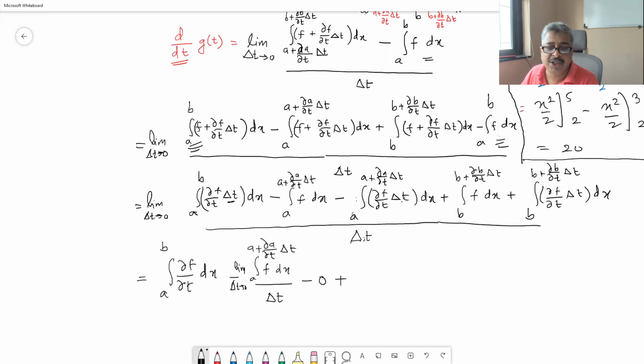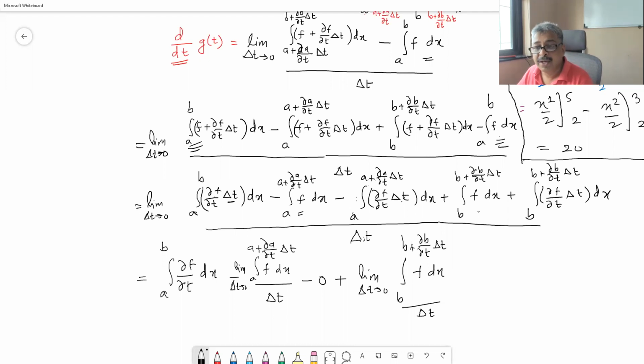Plus similar logic for this and this: limit delta t tends to 0, integral b to b plus del b by del t delta t of f dx divided by delta t. So this is a 0 upon 0 type limit, and for the same logic the last one also will not survive. Okay, so that is what is going to go.